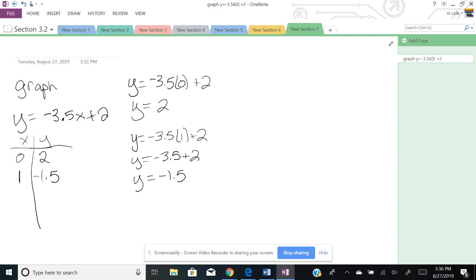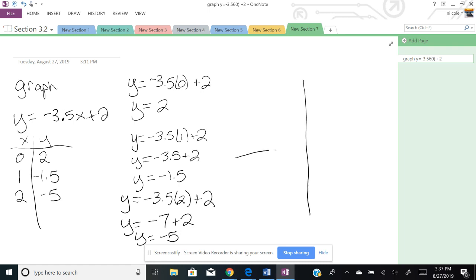Okay, and I did note on this homework, in this section, the homework did accept halves. It doesn't always, so that could be frustrating. The next number I'm going to pick is x equals 2, making y equal to negative 3.5 times 2 plus 2. y is equal to negative 7 plus 2. y is equal to negative 5.